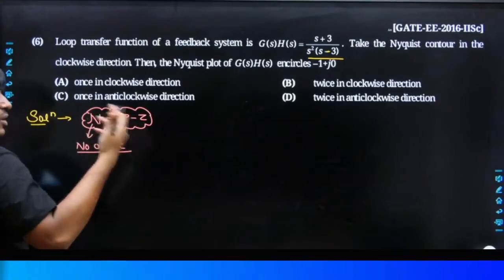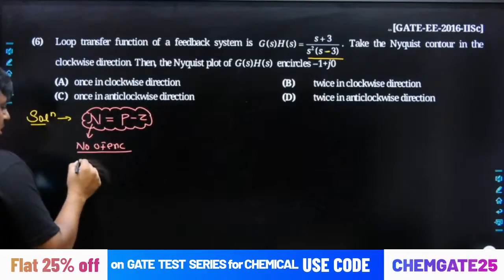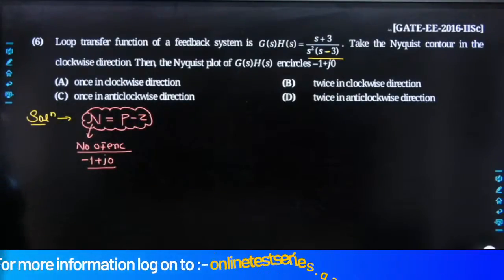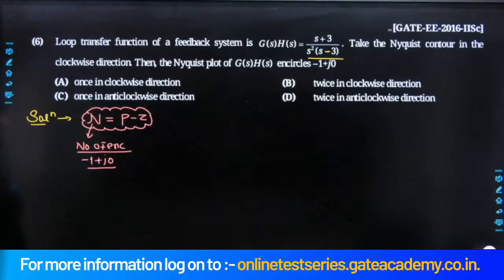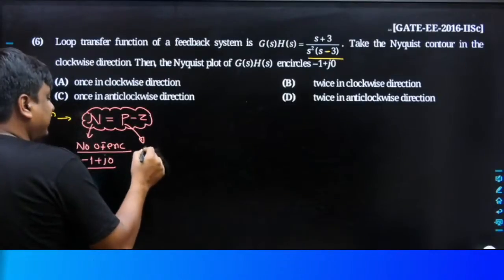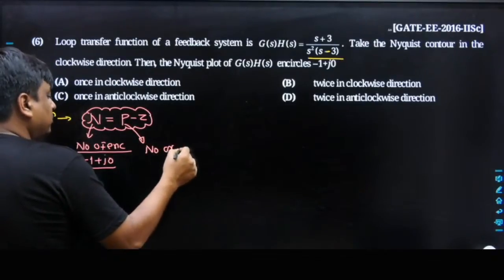Obviously, if we are talking about the stability of the closed loop system, that critical point is minus 1 plus j0. At least this point is clear, sir. No issue, we can go forward. Similarly, what is P over there? The number of poles towards the right hand side.